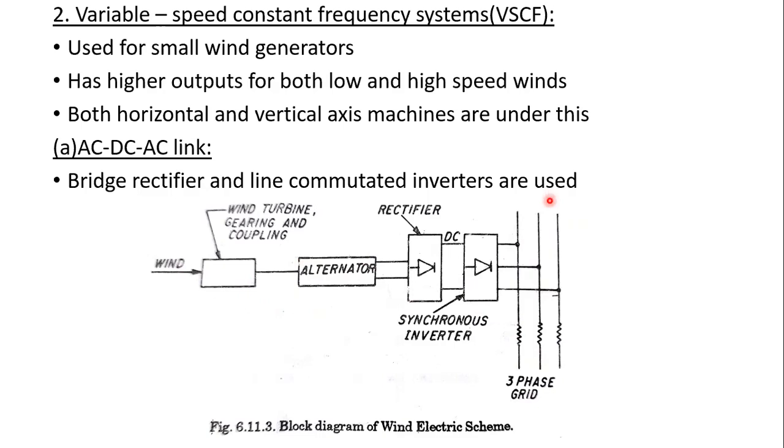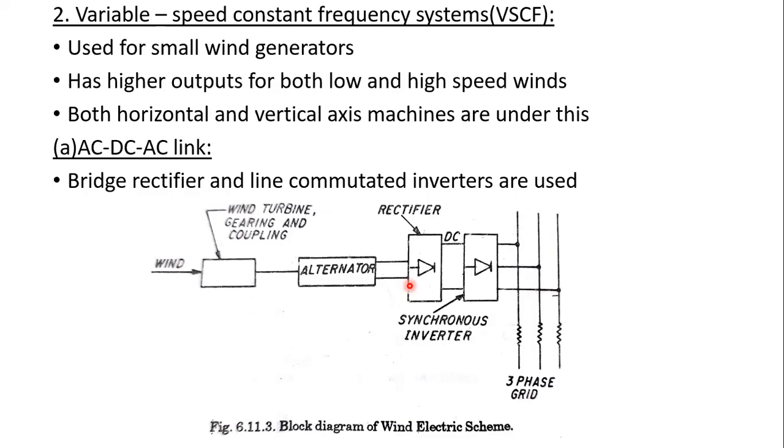The AC output is rectified using a bridge rectifier, and then it is converted back again to AC using line commutated inverters. This utilizes an AC source, so it uses the AC power lines.